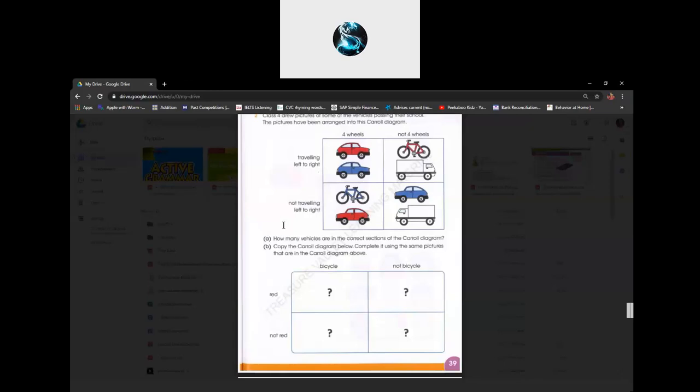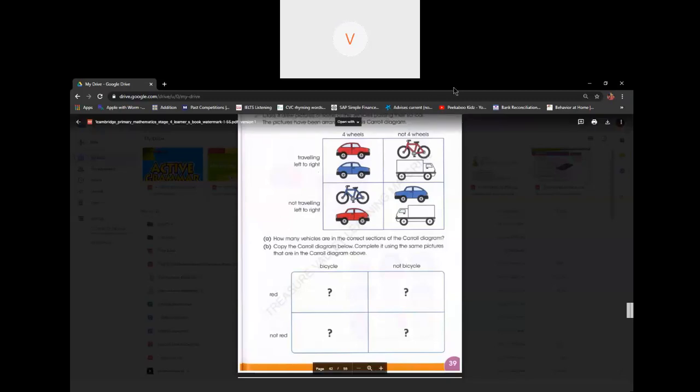So the bicycles are the red one and blue one. So the blue one and red one go in the bicycle spot, right? The first one. No, I disagree. The red bicycle goes in the first box, and the blue bicycle goes in the third box.